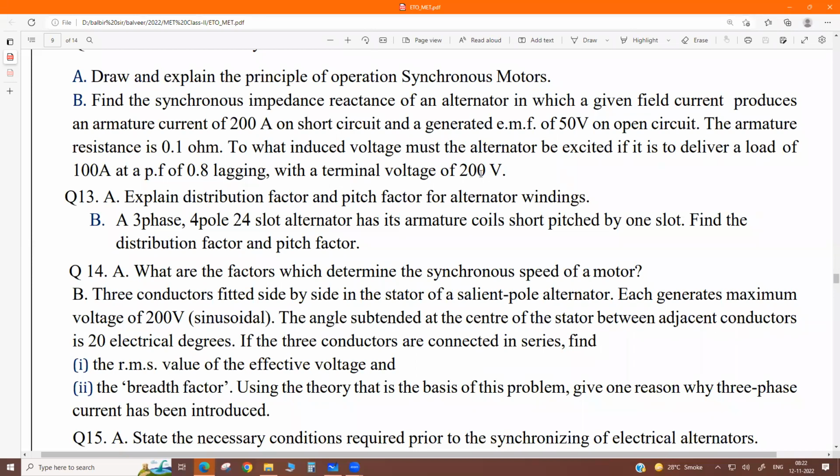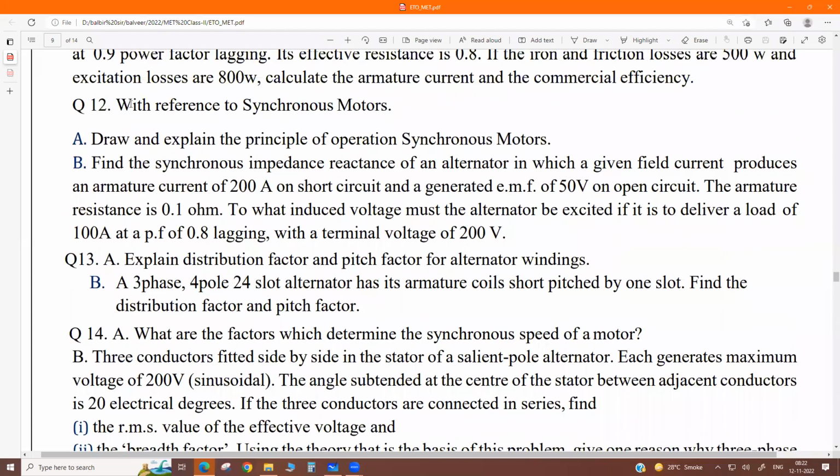The terminal voltage is this. So he is asking the induced voltage E. We use the phasor diagram to calculate. Okay, you got it. Actually a very important question.